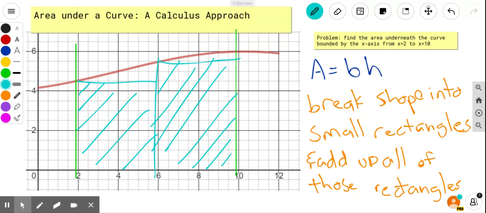However, again, it's not a good estimate because parts are being left out. So what I'm going to do instead is break it up into more rectangles, right? So let's say I did one for every single line right here. Go straight across and down, straight across and down, straight across and down.